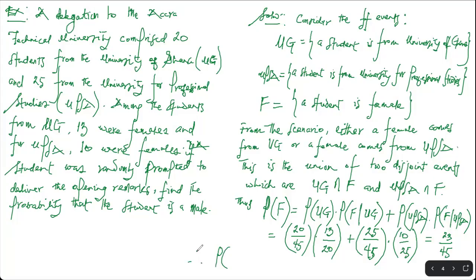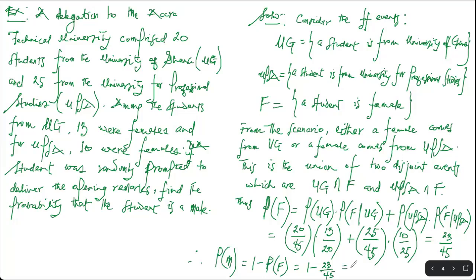so therefore, the probability of being a male would be what? The complement of the female probability. Because the two probabilities need to add up to one. So this becomes 1 minus 23 on 45.